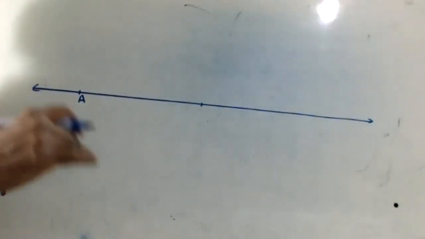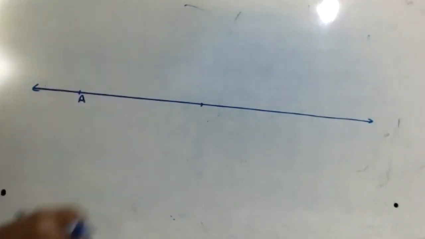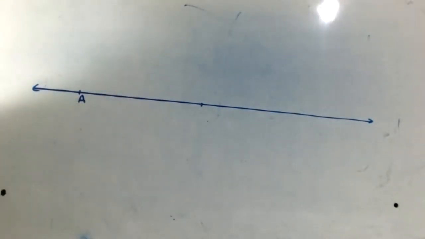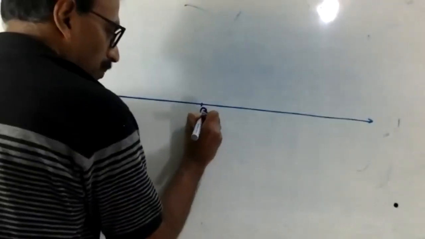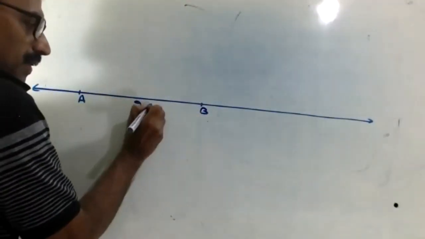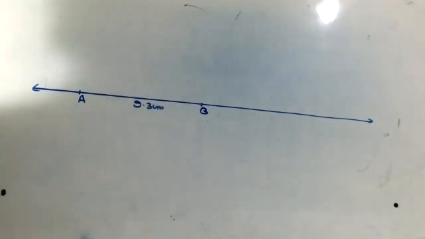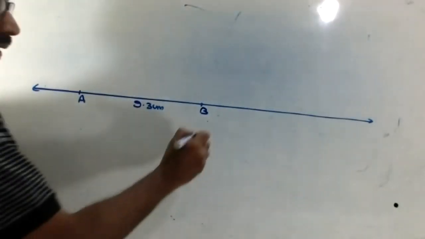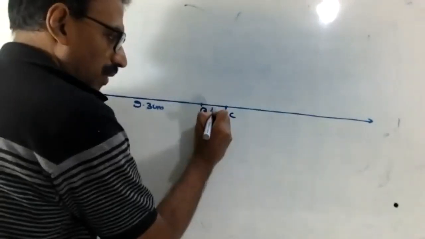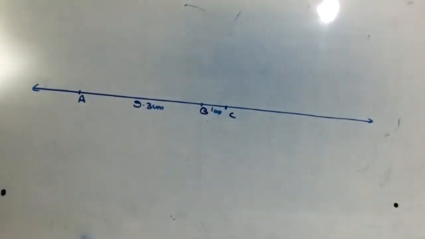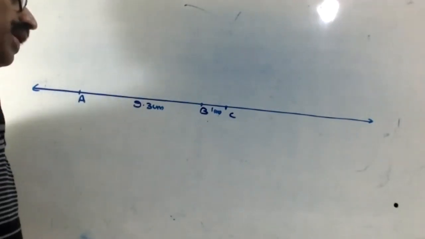Listen. Step number 1, draw a line and mark a point A. Step number 2, AB, mark a point B. This is 9.3 centimeter. Step number 3, mark again 1 centimeter extra, C, 1 centimeter. Okay.